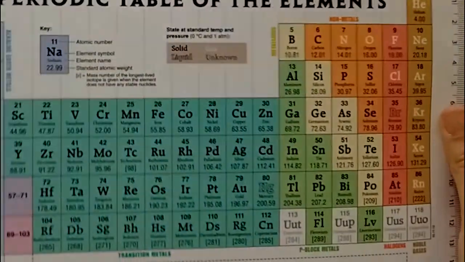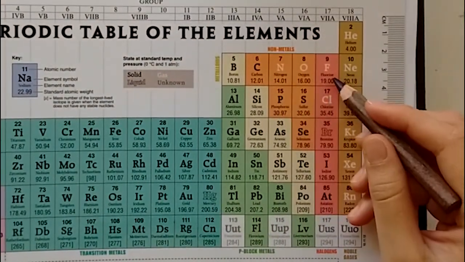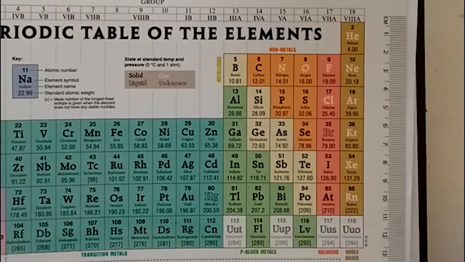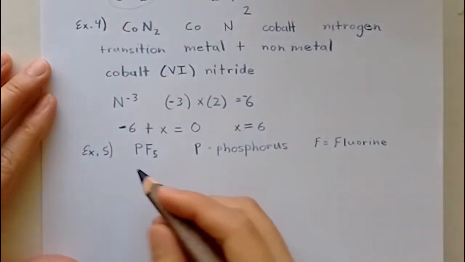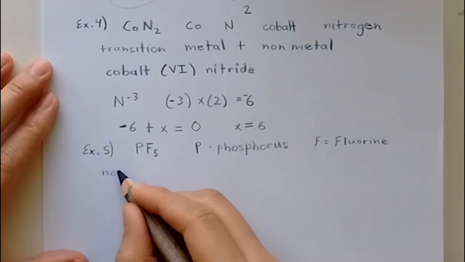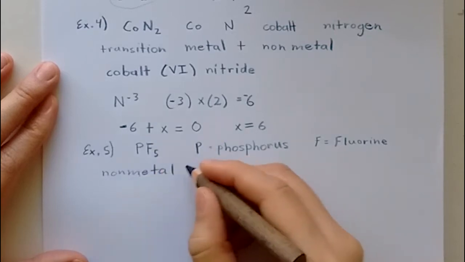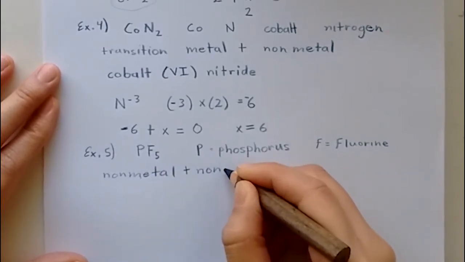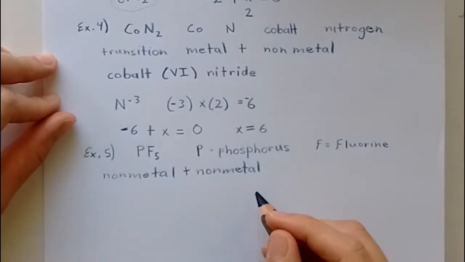Looking at the periodic table, we can tell that phosphorus and fluorine are both nonmetals. So in this case, we have two nonmetals, a nonmetal plus another nonmetal.